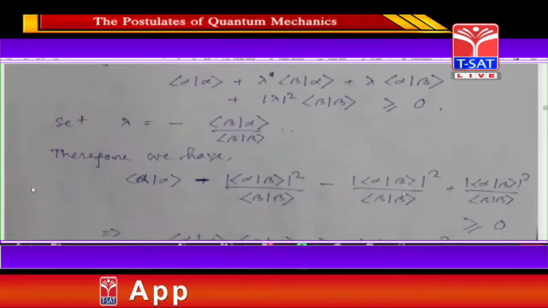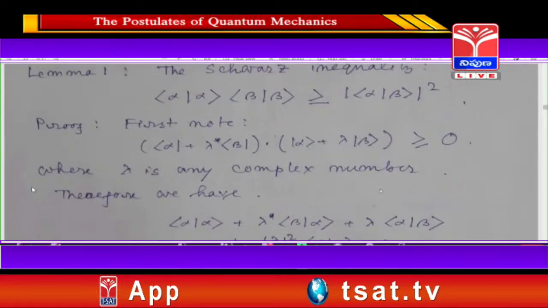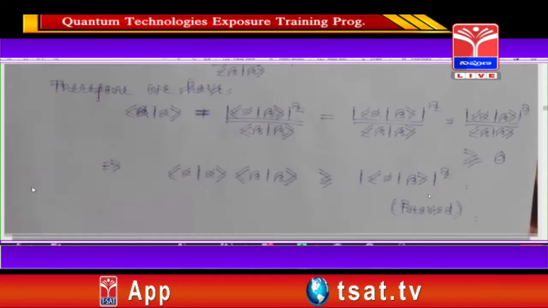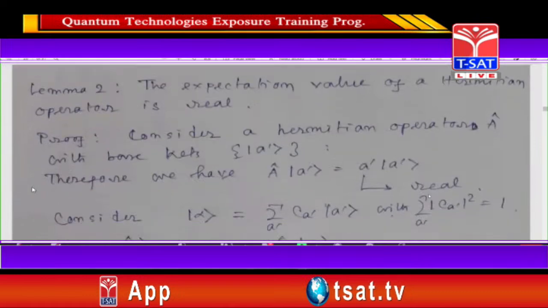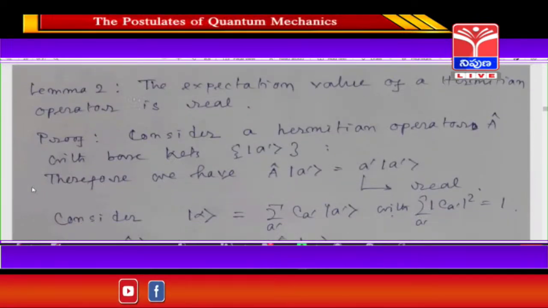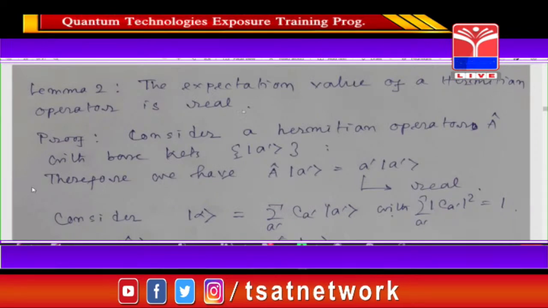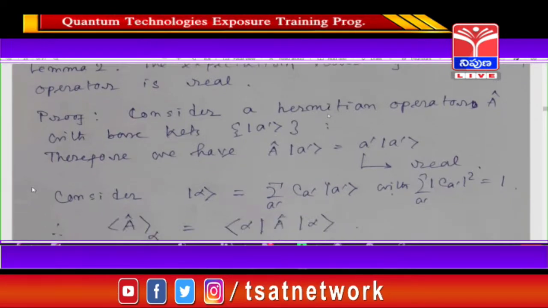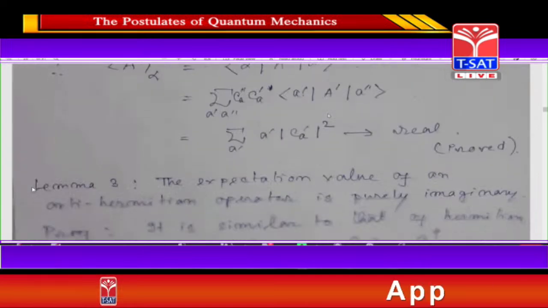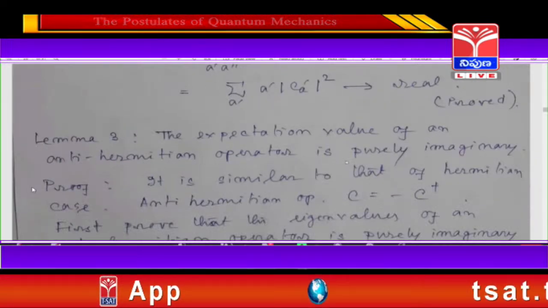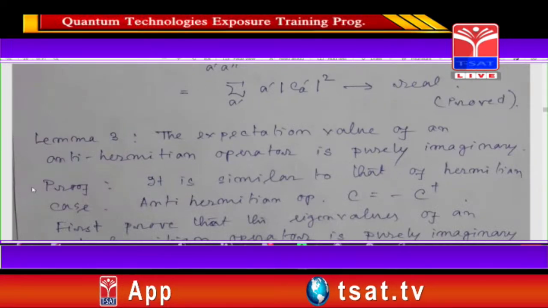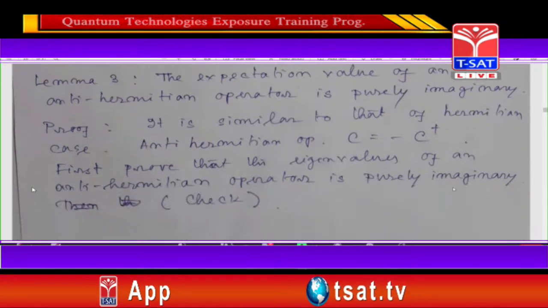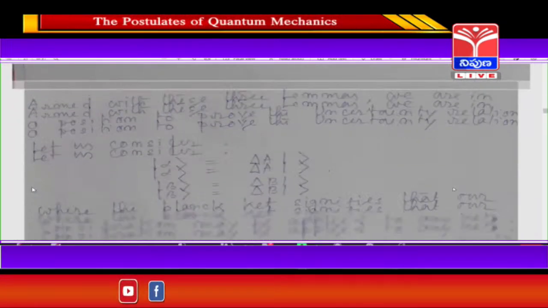The proof of the Schwarz inequality I have already discussed, so I am not doing that again. The second important thing that we need is that the expectation values of Hermitian operators are real, and the expectation values of anti-Hermitian operators are purely imaginary. The proof of it I am leaving up to you.